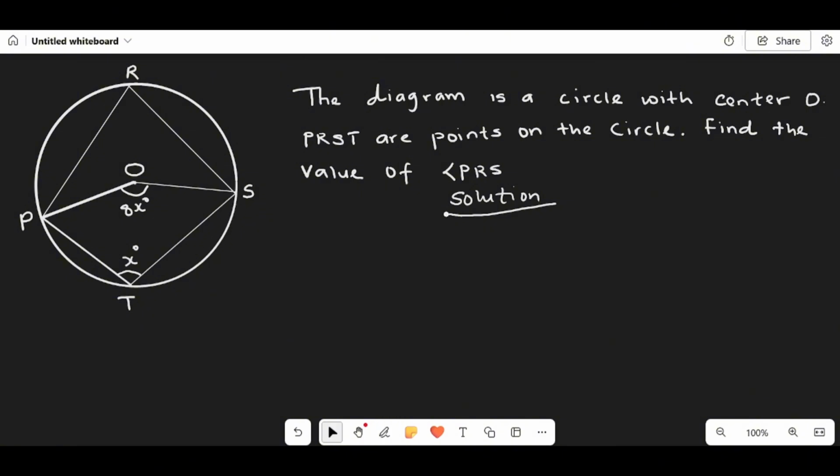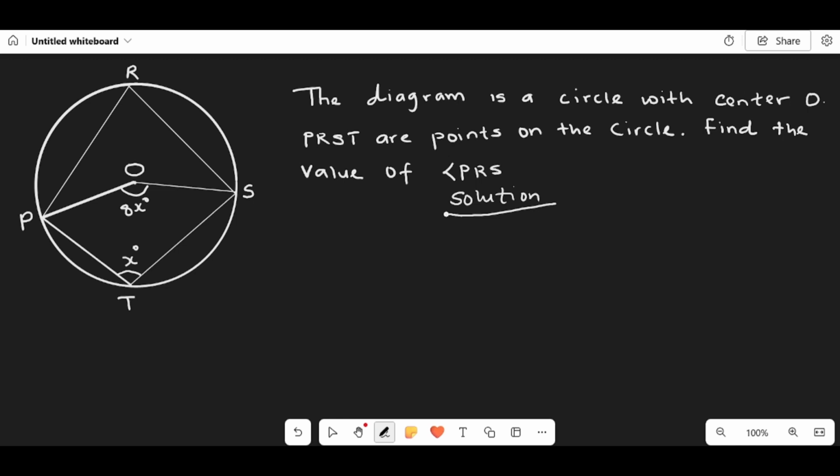According to the angle at the center theorem, which states that the angle at the center is twice the angle at the circumference standing on the same arc, in this case angle POS and angle PRS are standing on the same arc PS.